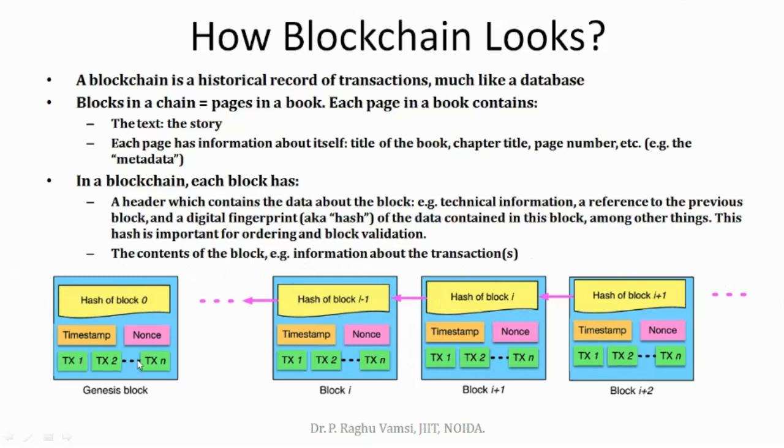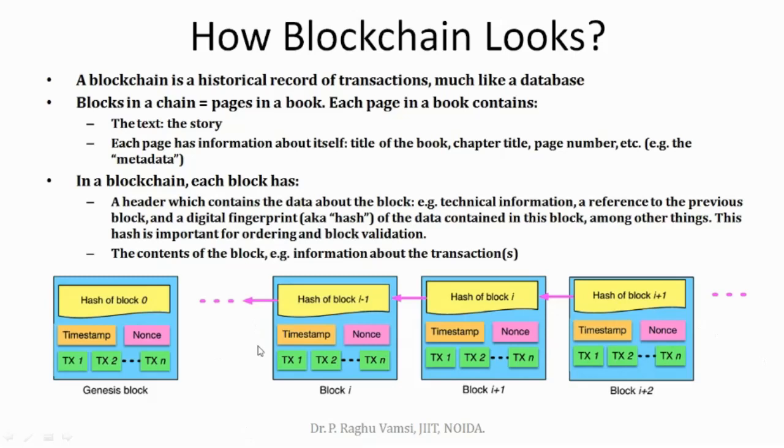Whenever you look at any blockchain, the first block which is created is said to be the genesis block, which is like, in the case of your linked list, what you call the head node. Like that, in a blockchain, the first block created is said to be the genesis block, and you can have any number of blocks here.